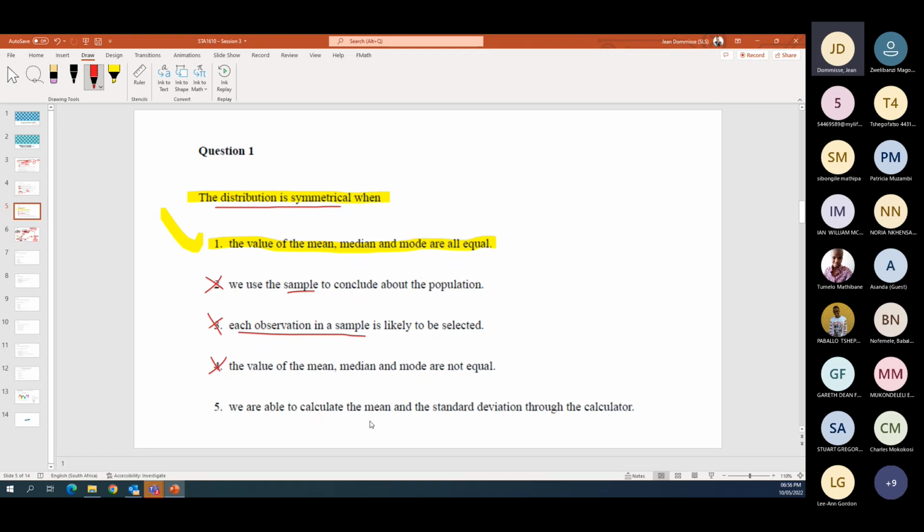We are able to calculate the mean and the standard deviation through the calculator. Again, yes, we can. There is nothing wrong in this, but that has nothing to do with whether a distribution is symmetrical or not. So 3 of these statements were not false statements, but they have nothing to do with what we want to find out, and that is whether something is distributed symmetrically or not.